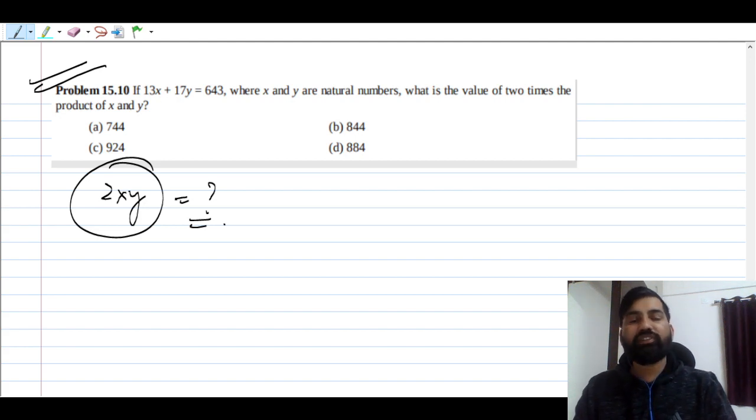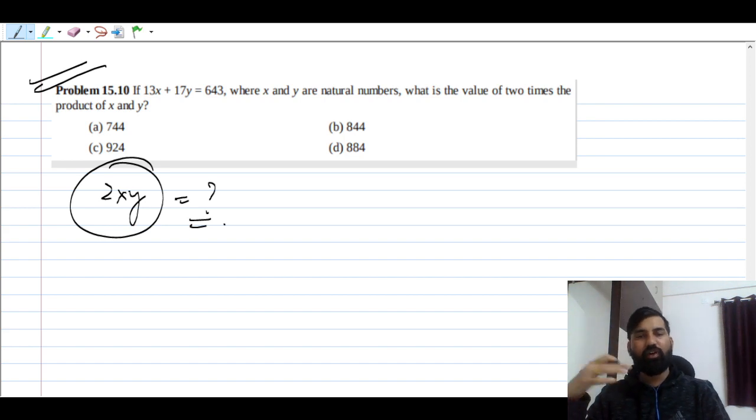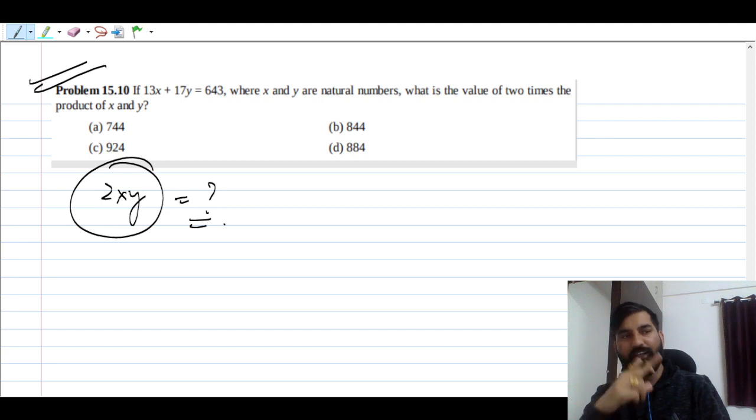Okay, so the solution of this question depends on what you have to visualize, that what is the multiple of 13 and 17, right, which will satisfy this equation, okay. 13x and 17y, so you have to think about it.